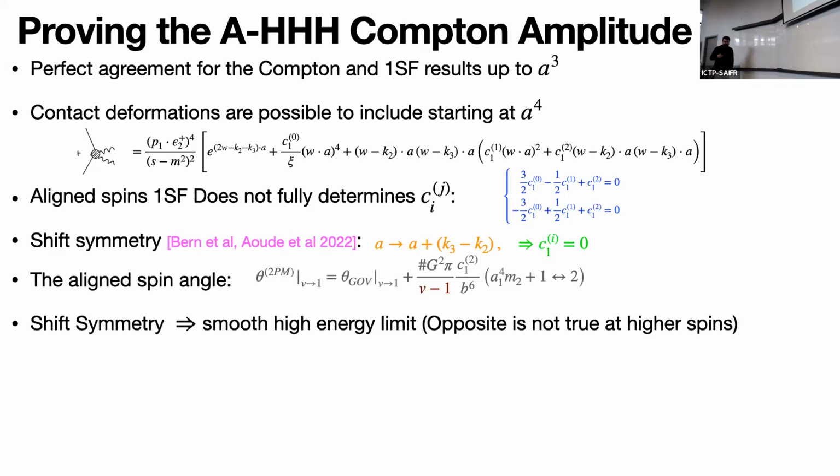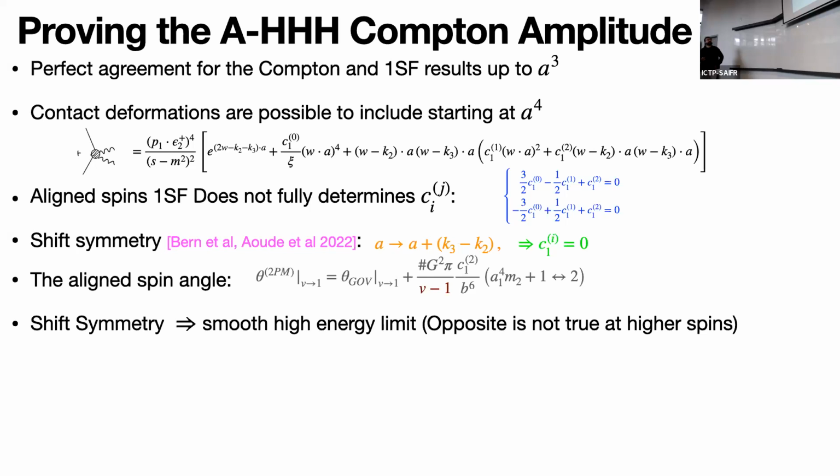One way of finding an additional constraint comes, for instance, by requiring that your quantum amplitude is symmetric if you shift the spin of the black hole by an amount proportional to the transfer momenta. So we know that this exponential is invariant if you shift A by that. This guy is also invariant because W is basically made of the spinors of these two guys.